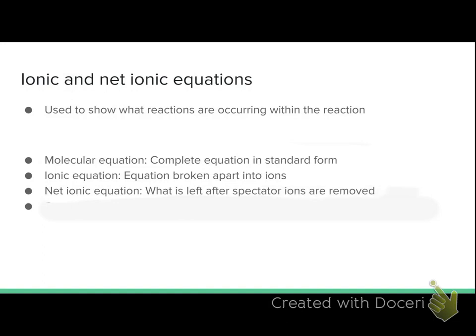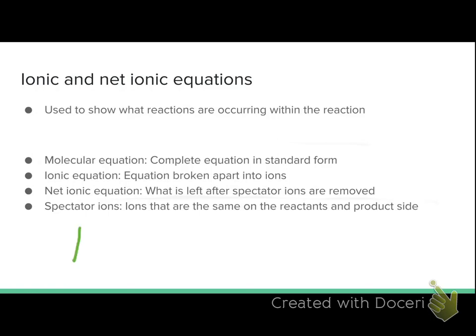Then we have a net ionic equation, and that is what is left over after the spectator ions are removed. So before I explain the net ionic, let's talk about spectator ions. Spectator ions are ions that are the same on the reactant and the product side.